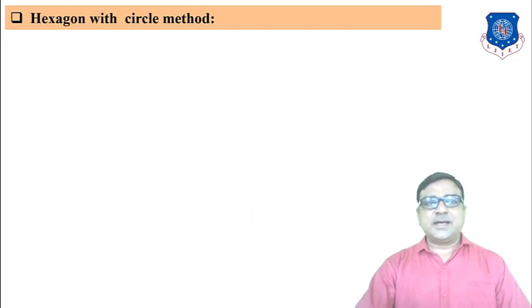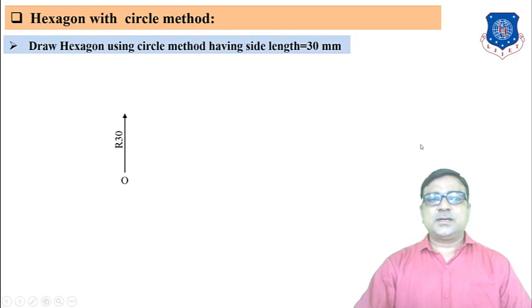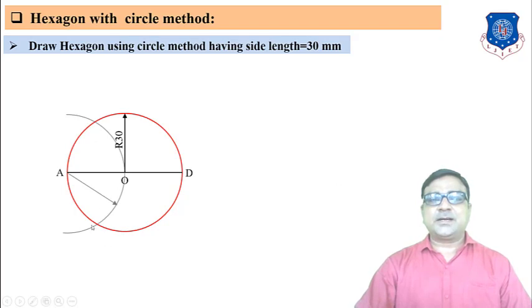Now the next method is the hexagon with the circle method. Draw a hexagon using the circle method having side length 30 mm. Here O center 30 mm radius, draw one circle, draw horizontal line AD. Now A center 30 mm radius, draw a segment of a circle and another segment of a circle from D center and 30 mm radius.